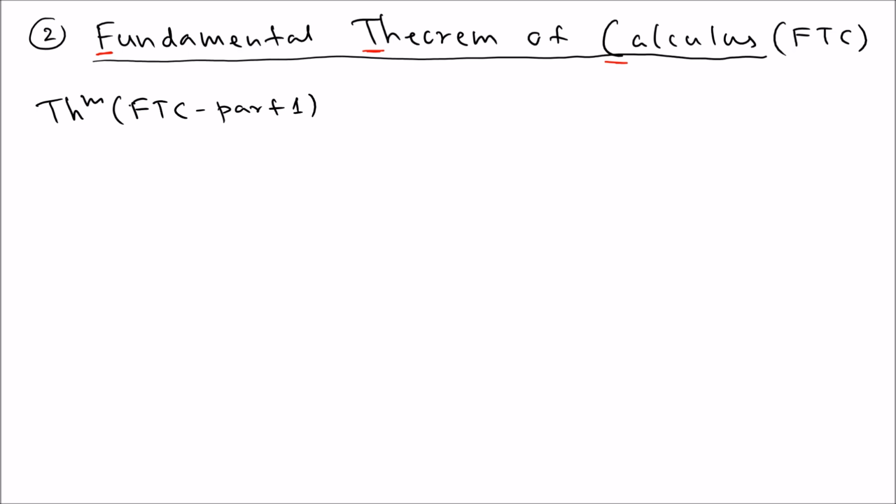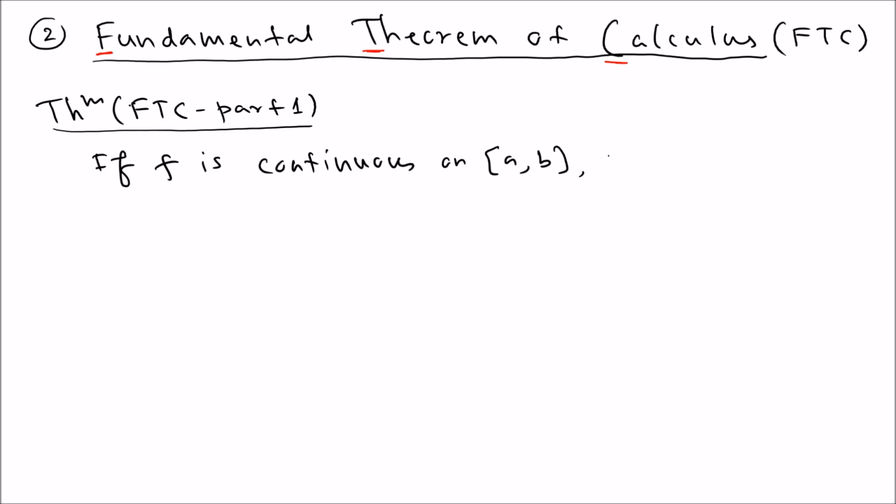What part 1 says: if f is a continuous function, if f is continuous on an interval from a to b, then the function defined by an integral like g(x), which is the integral from a to x of f(t) dt, where a is any point inside the interval, then this function is continuous and also differentiable.